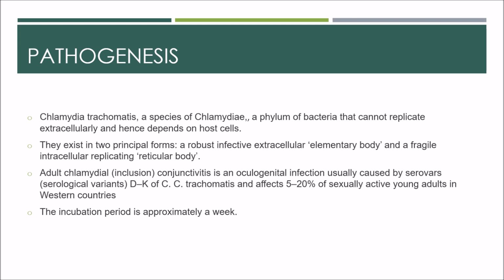Adult chlamydial inclusion conjunctivitis is an oculogenital infection usually caused by serological variants D to K of Chlamydia trachomatis and affects 5 to 20% of sexually active young adults in Western countries.